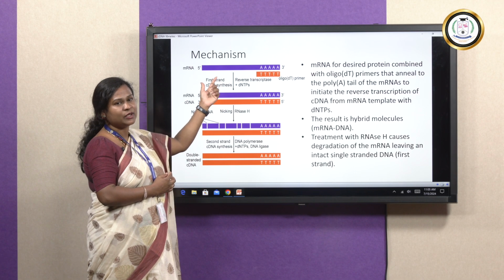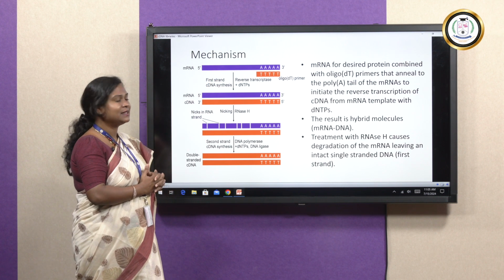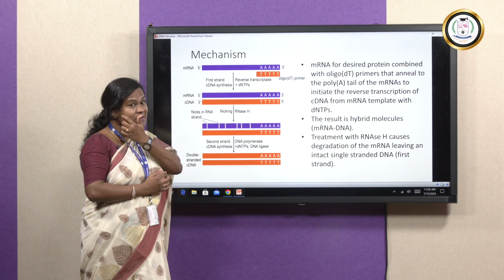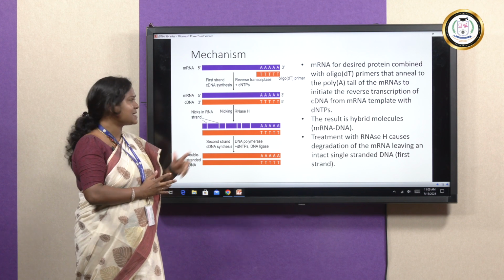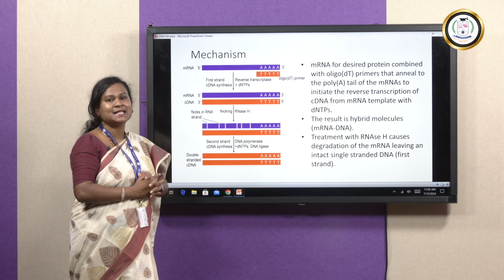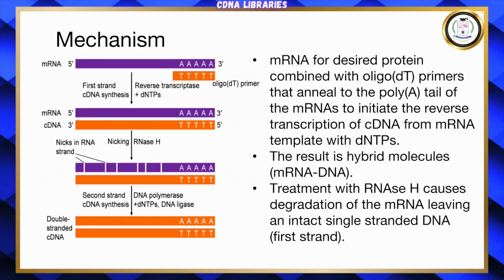For the synthesis of DNA from the mRNA template, we need the enzyme reverse transcriptase. In its presence, a newly synthesized DNA strand is made, and this DNA synthesized from the mRNA template is known as cDNA.